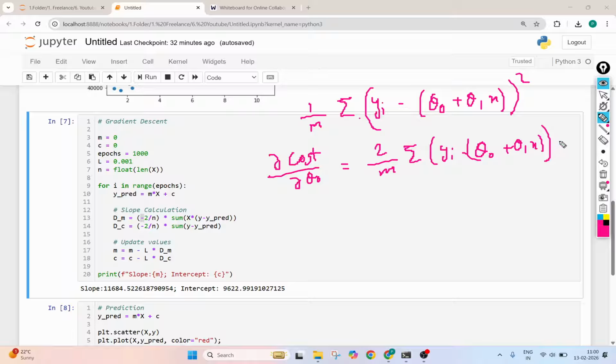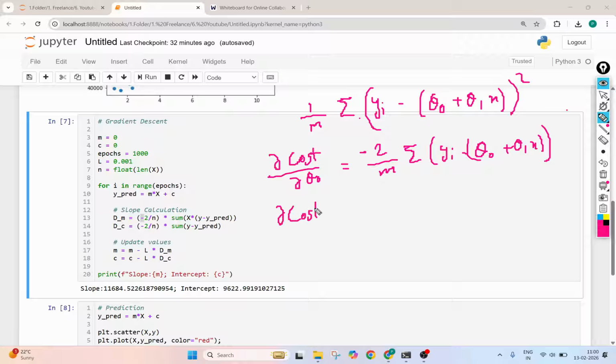So we multiply with not 1, but minus 1. Therefore, I say minus 2 by n. So this minus 1 can also be written simply as minus of 2n.